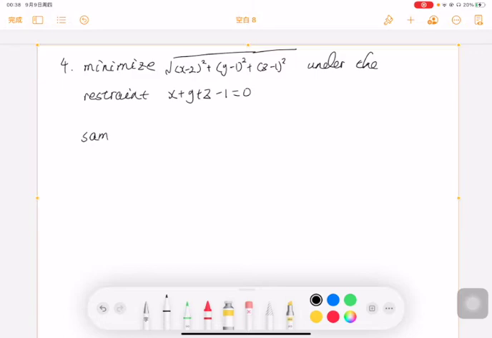But we notice that minimizing the square root is essentially the same as minimizing the stuff that's underneath the square root, because the larger the part underneath the square root is, the larger the square root itself is. So it is the same as minimizing (x minus 2) squared plus (y minus 1) squared plus (z minus 1) squared.